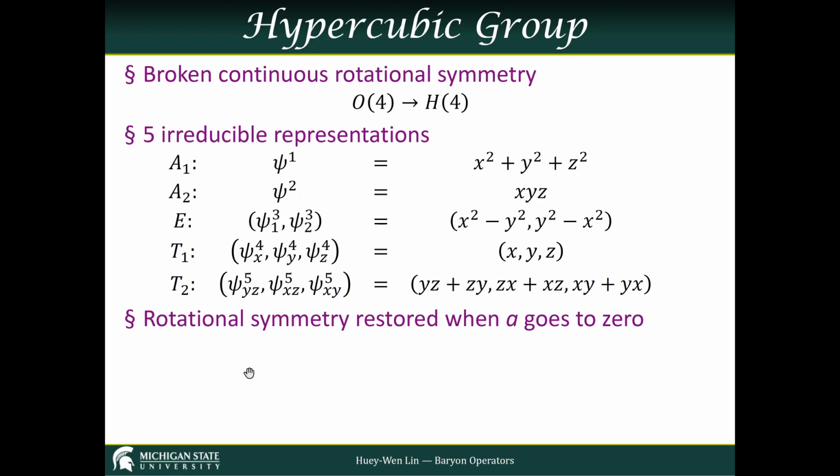Now, no matter what we do, rotational symmetry will be restored when the lattice spacing goes to 0. But for any finite lattice spacing, we need to remember that we're not really working in a continuous space where we have the ordinary angular momentum operators. We're really working in this hypercubic group that rather than having angular momentum, falls into these 5 irreducible representations.